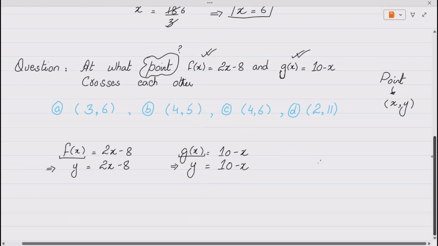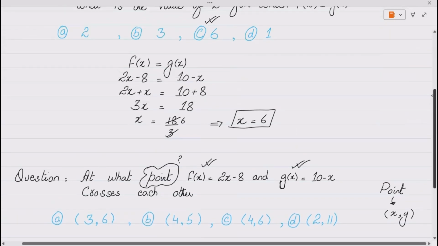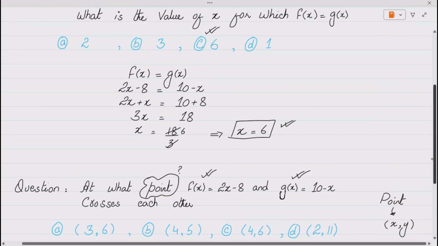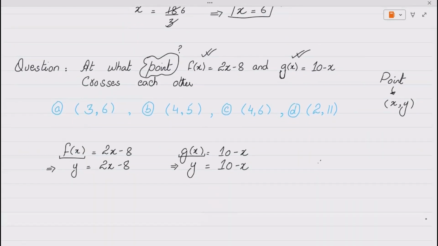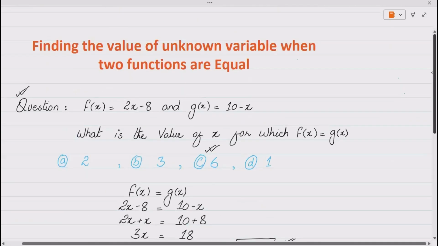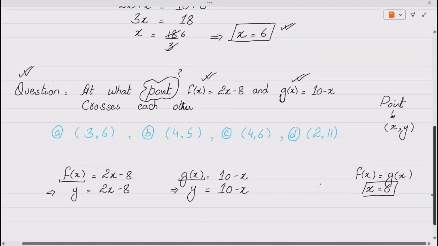Here, since we already know that the value of x is 6, I am assuming this from the previous question. If this question appears in an exam, the first thing you have to do is take f of x equals g of x and find the value of x, which we already did in the previous question.